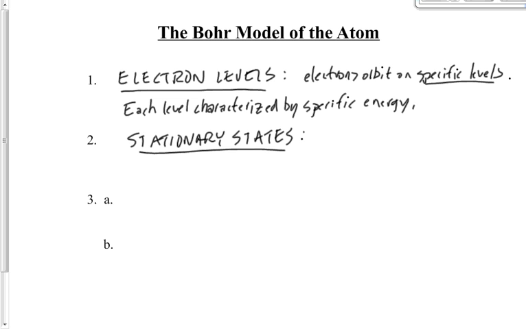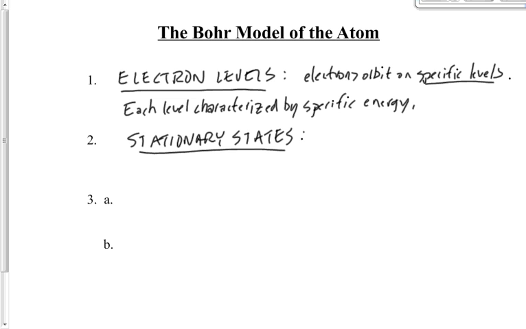Now, remember what Rutherford said, not Rutherford, but Maxwell, way back at the beginning of Unit 4, our EMR unit. Maxwell said that every time charged particles in general accelerate, they emit EMR. They produce EMR. That's accelerating charged particles generate EMR. But these don't. These electrons, as they're orbiting around the nucleus, they should, according to Maxwell's theory, generate EMR.